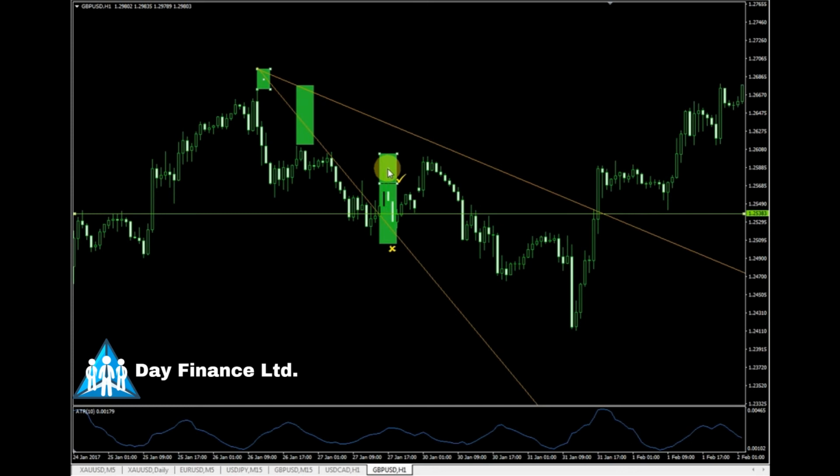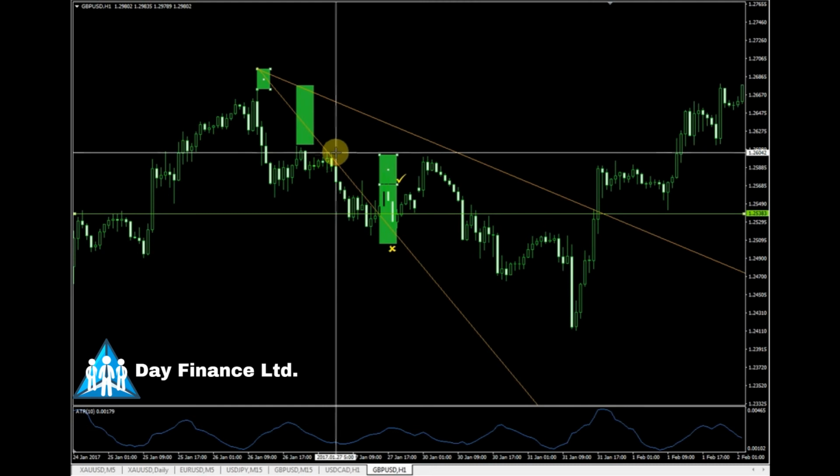First target is this one, and no more than a second target because we are against the trend. Why can we buy here? Because this is our first touch, our second, this is the third, and yeah, we can buy here.